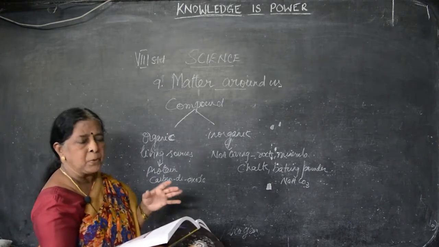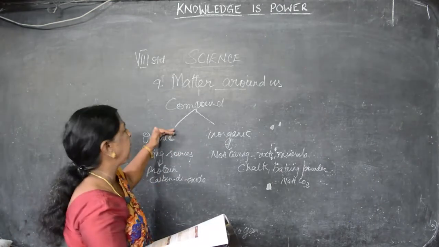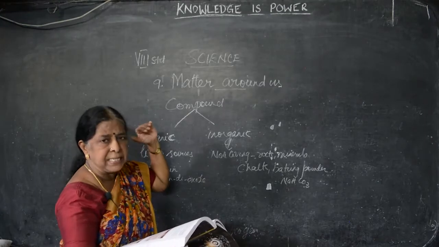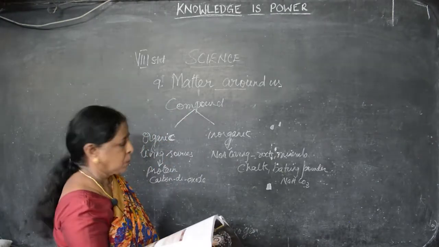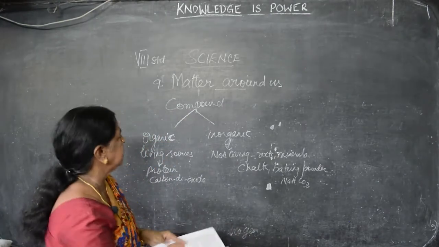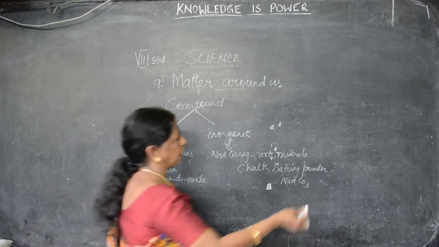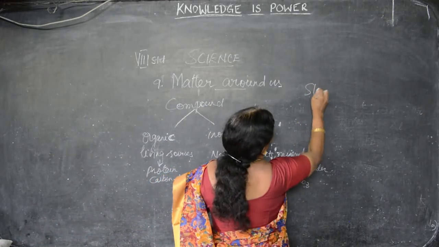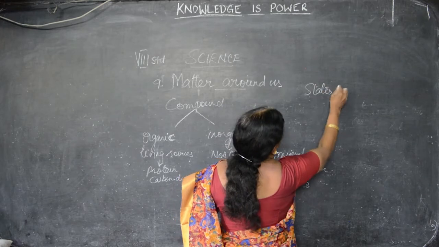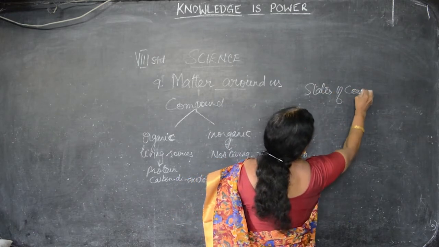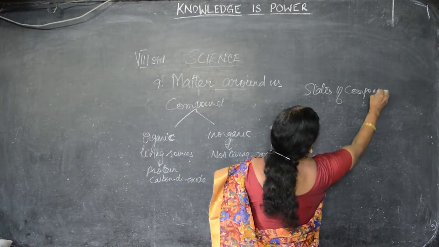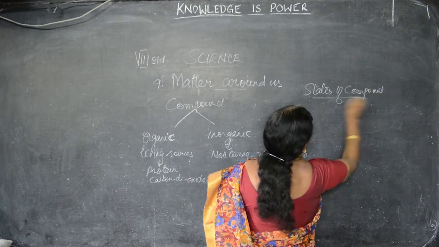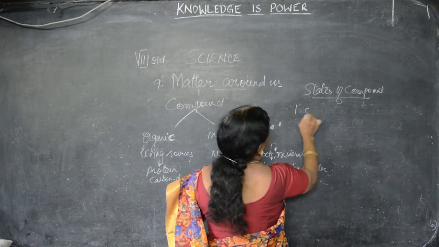So the compound may be in solid, liquid and gaseous state. We will see the examples for that. These are the states of the compound. For example, solid state.